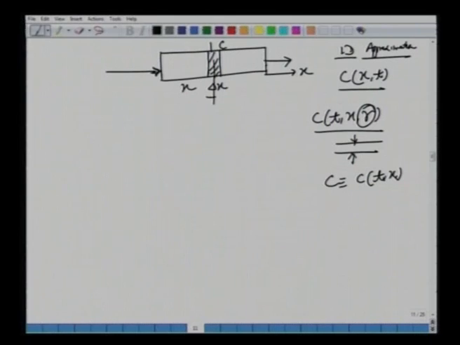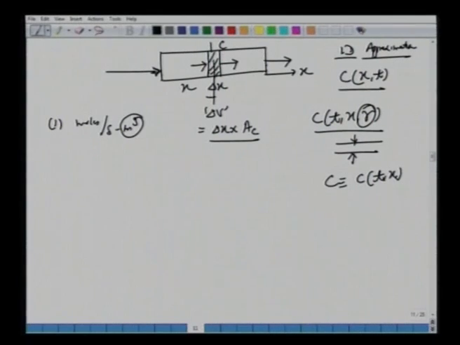So now we are going to make a species balance. For this delta x strip, let's make a balance of moles in 1 second per cubic meter of this control volume, delta V. This delta V is nothing but delta x into the cross-sectional area of this column. So in 1 second, in 1 cubic meter, how many moles get in, how many moles get out.